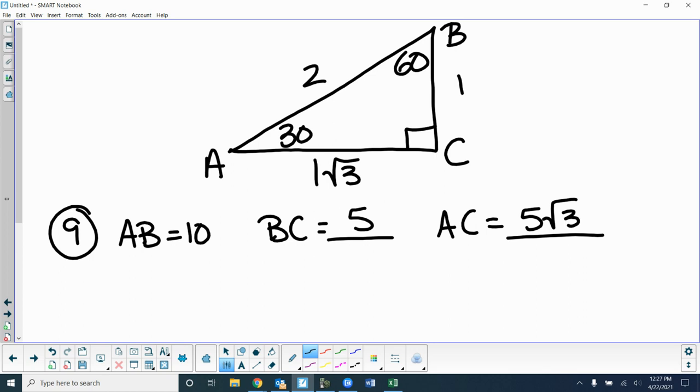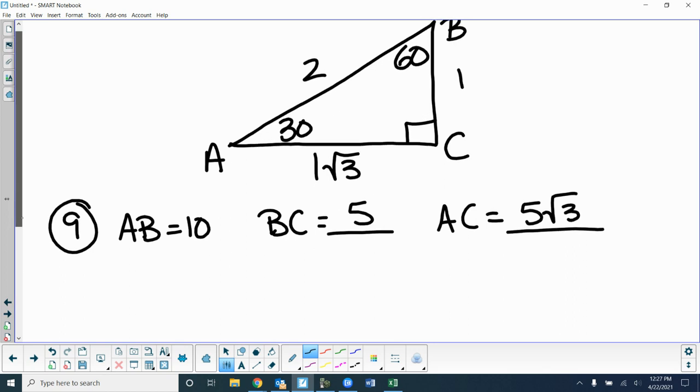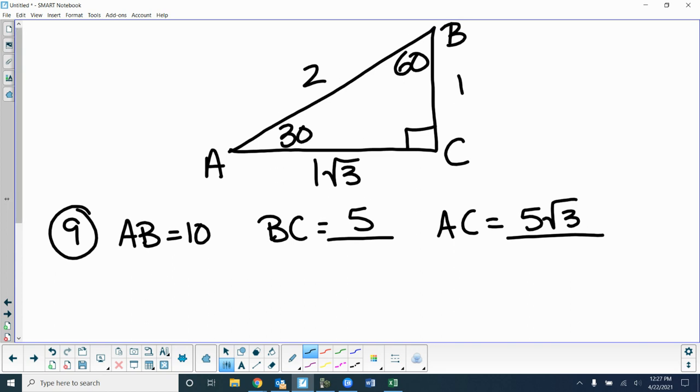I'm asking for the exact answer. So with the radical is the exact answer, 5 radical 3, instead of whatever that is. Questions on number 9? All right. Autumn, question? No, okay. Just keep going, I'll figure it out.